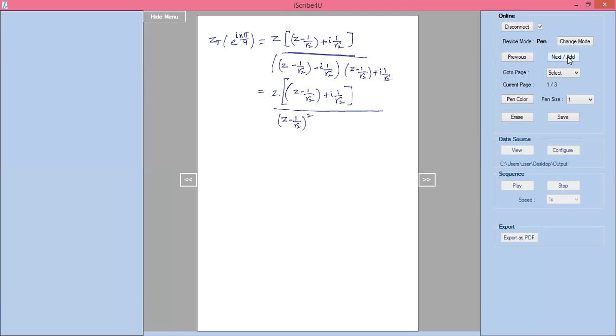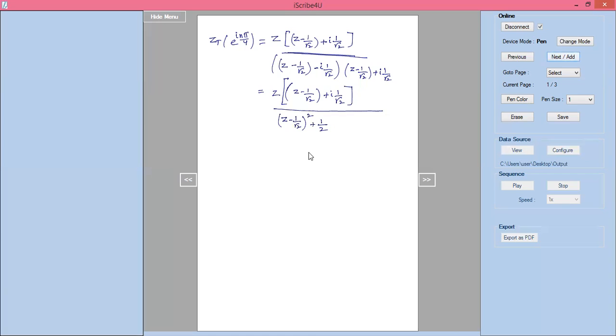Here a plus b into a minus b is nothing but a square minus b square. Here the b term is i into 1 by root 2, and i square is minus 1. That's the way it will become plus 1 by 2.